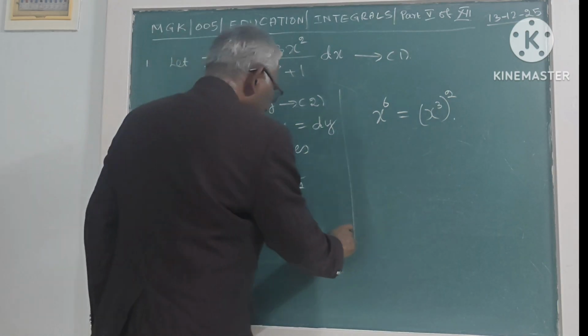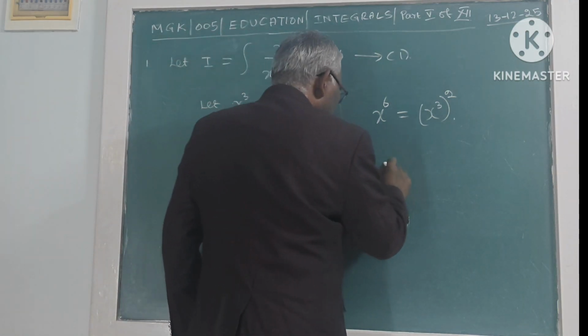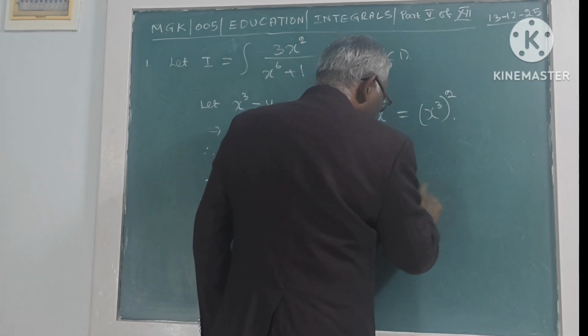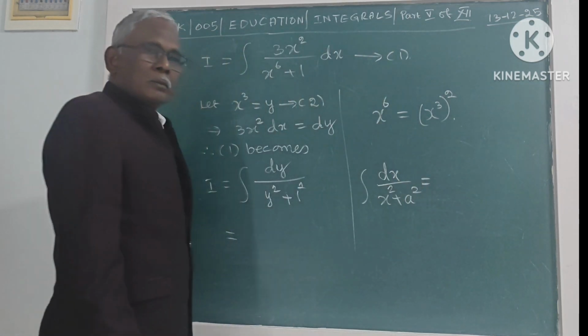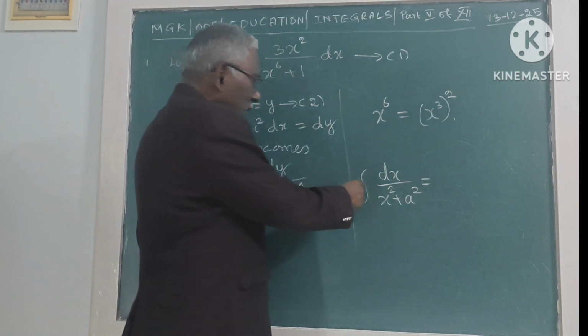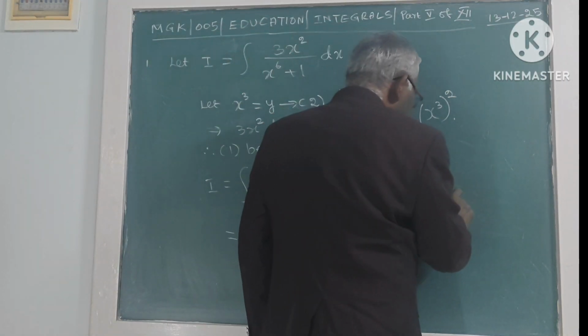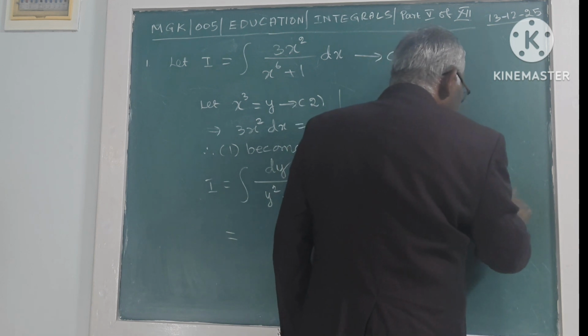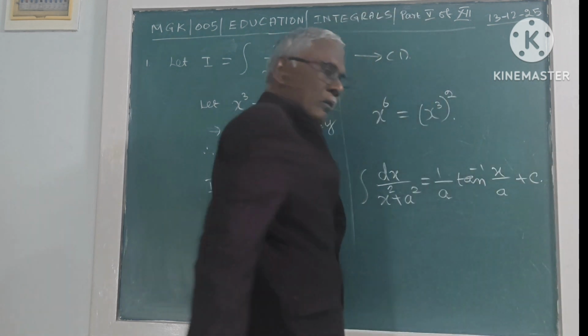What is the formula here? Integral dx by x square plus a square. What is the value of this? This will be nothing but 1 by a into tan inverse x by a plus constant.